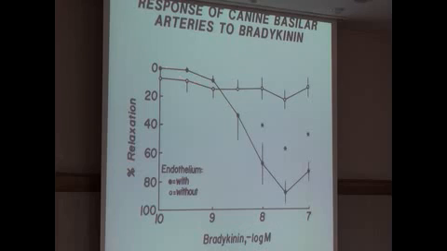And as you can see, there is a very clear-cut relaxation in rings with endothelium, but none in the absence of endothelium. Bradykinin is a very powerful endothelium-dependent vasodilator in most arteries, not in all species, but in most arteries it is.